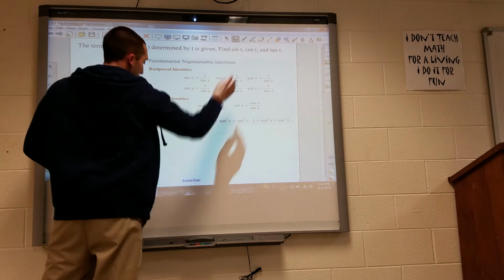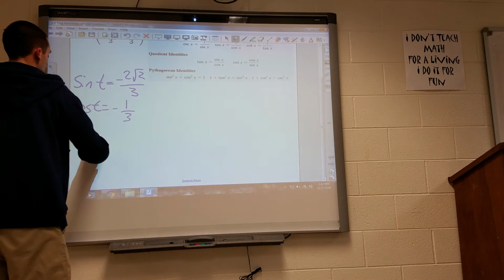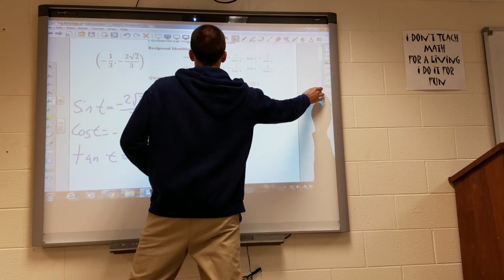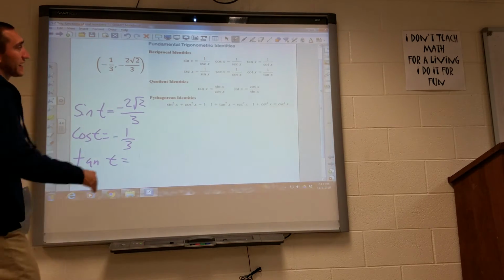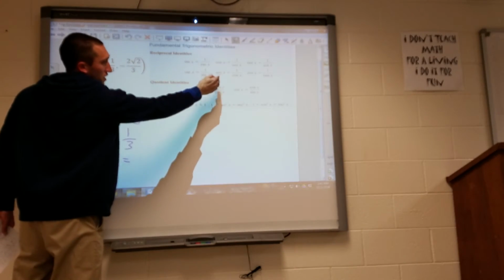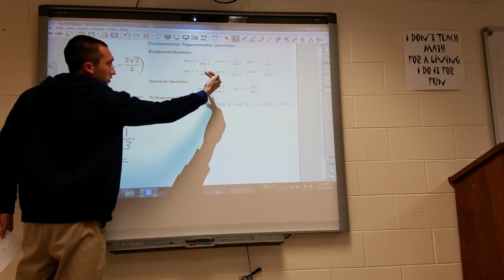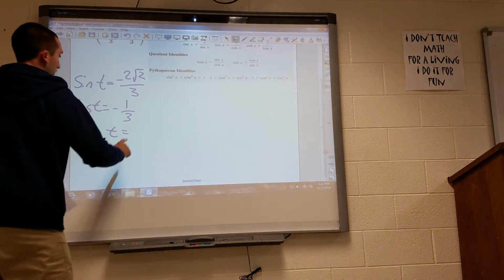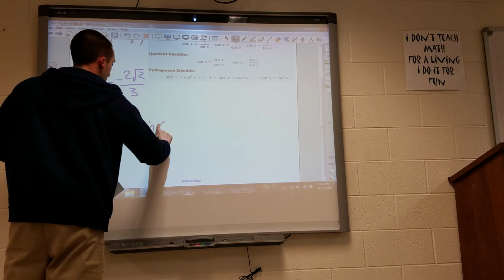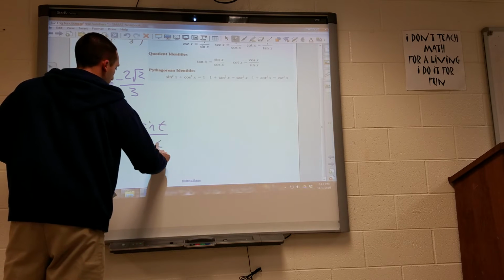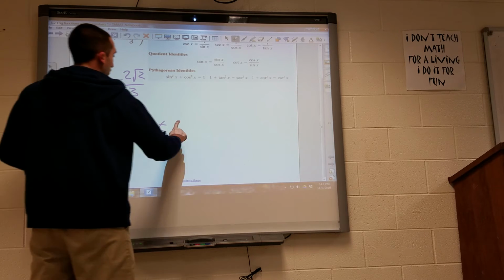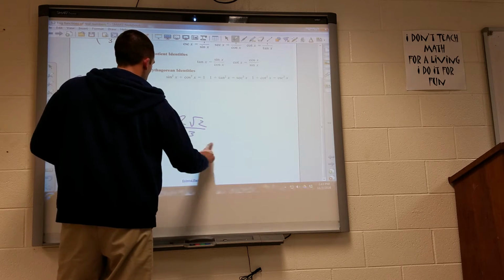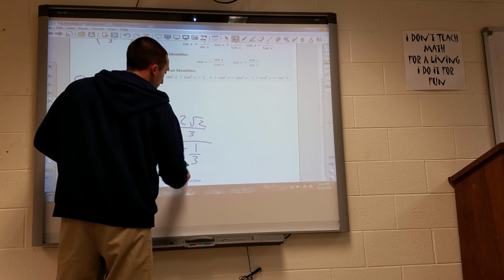And then tangent of t. Tangent is equal to the sine of t divided by cosine of t. Just plug in what I know sine of t to be, negative 2 radical 2 over 3, and negative 1/3.